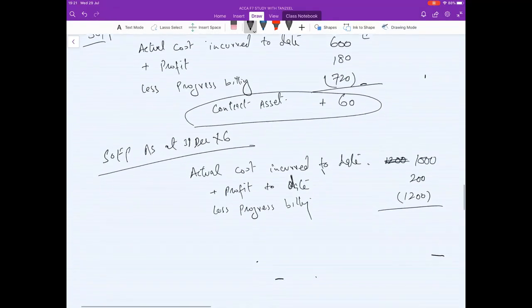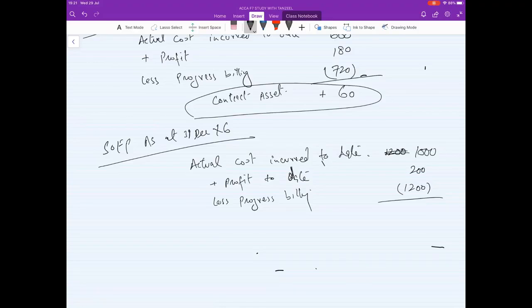So take 1200. After 2 years there is no more contract, so no liability and no asset, because after the second year the contract has already been performed and is over. That is why you will not see any liability or asset.